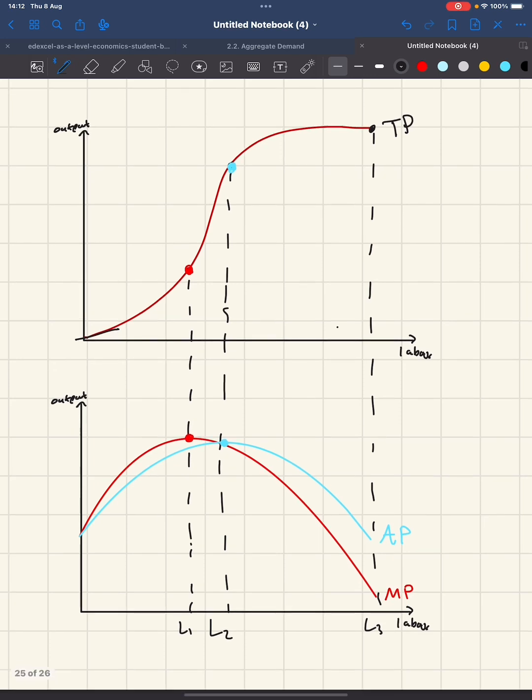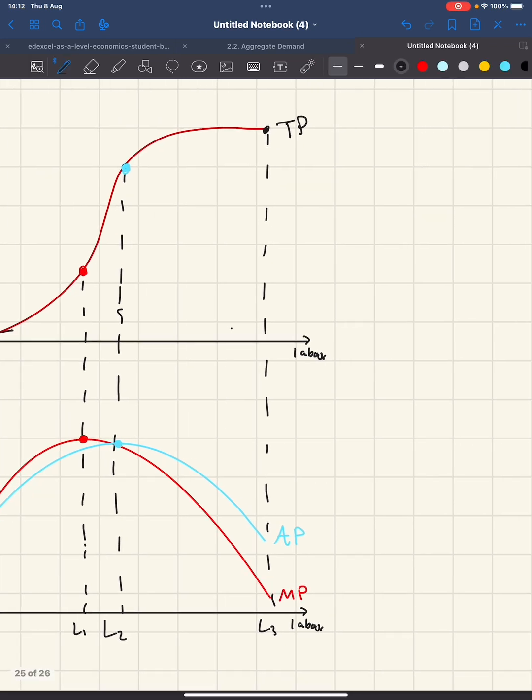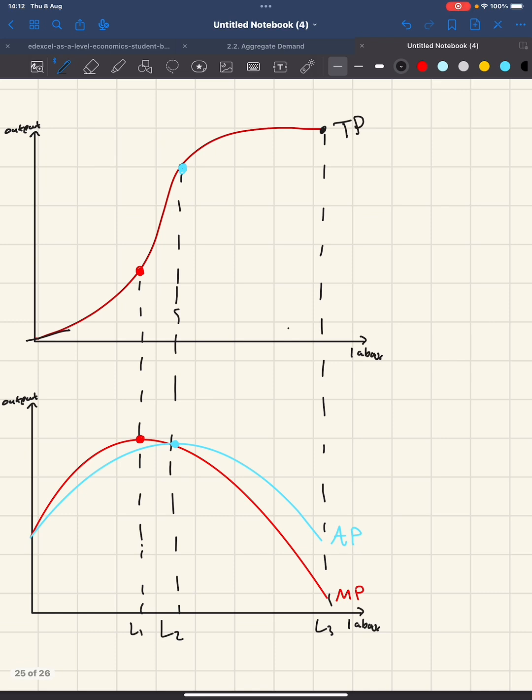This function can be split up into marginal product and average product. Marginal product is, for every extra unit of labor, how many extra units of output there are. We get this by simply taking a tangent of the line, differentiating it.